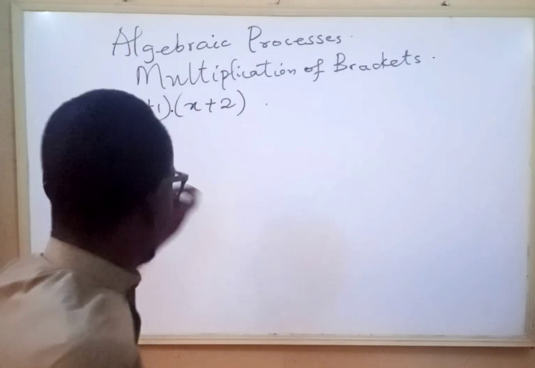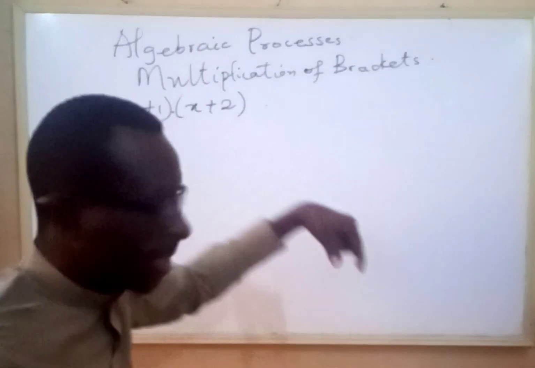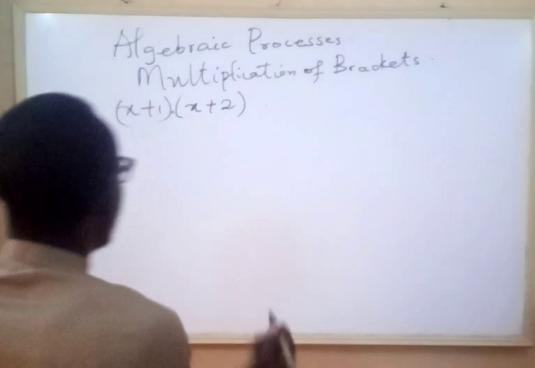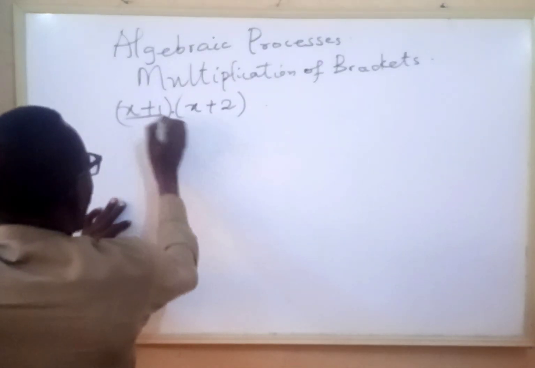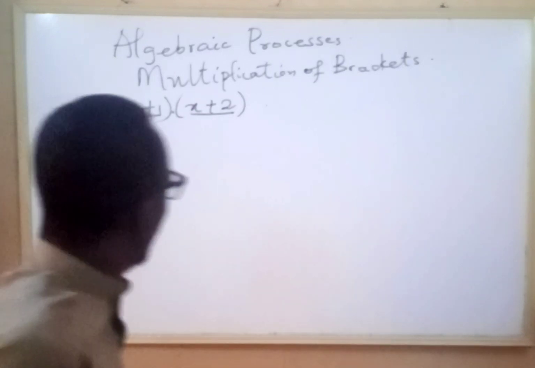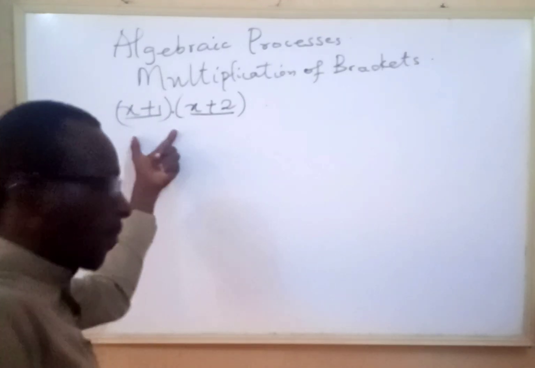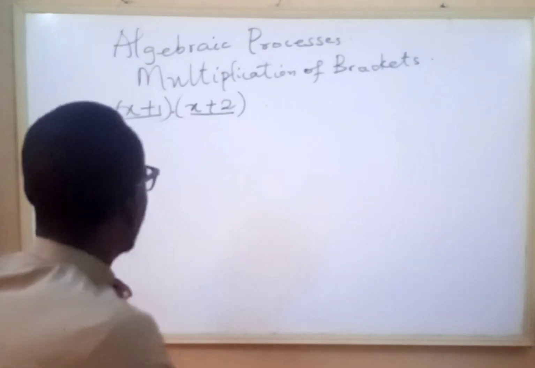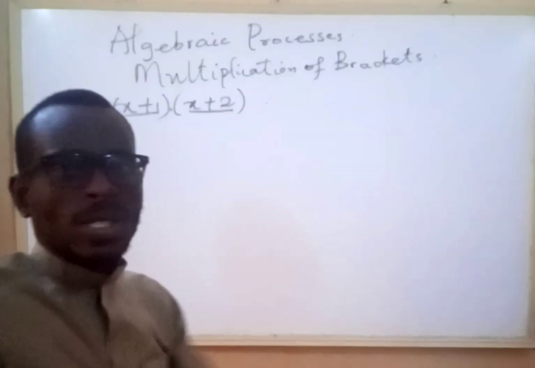That shows that we are multiplying the two brackets, and each bracket contains an expression. That simply means an expression is confined in a bracket: an expression of s plus 1, an expression of s plus 2.